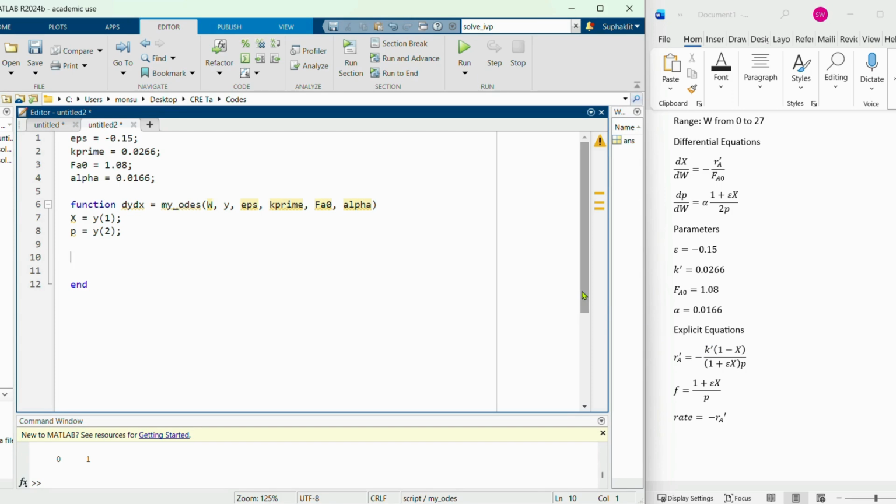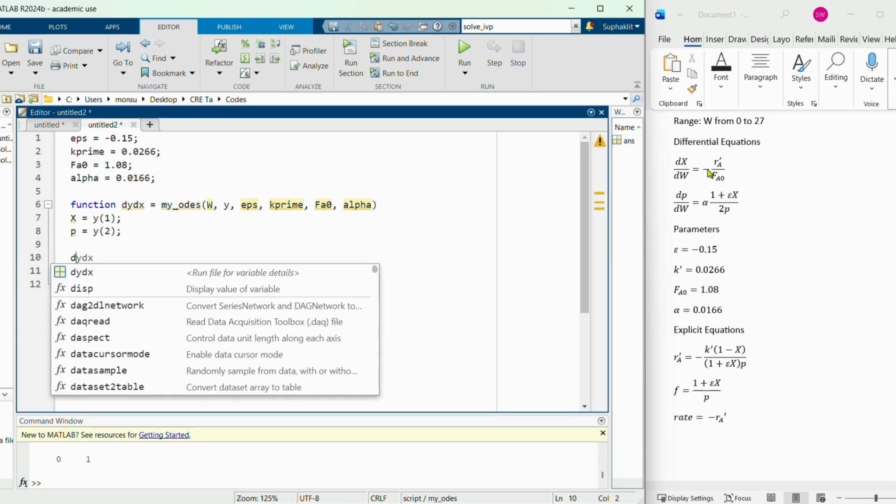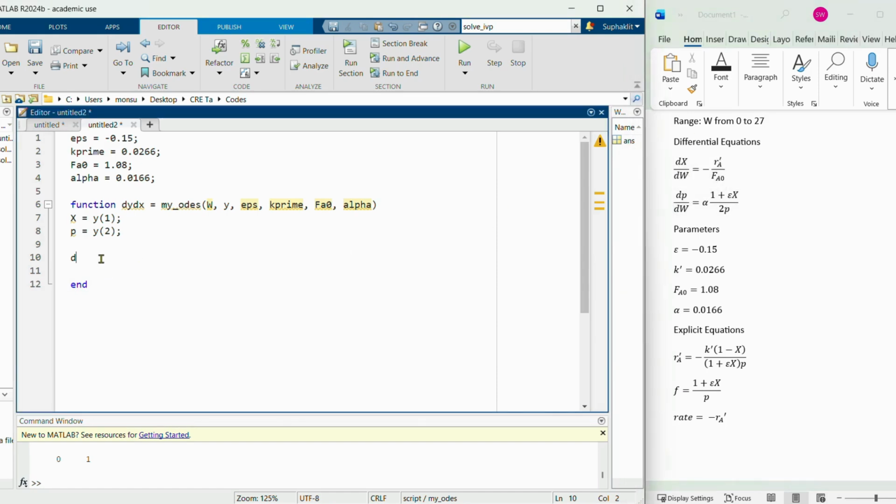Okay, and so I'm going to write this differential equation down.